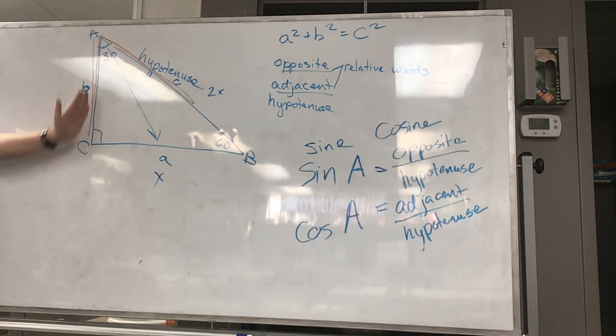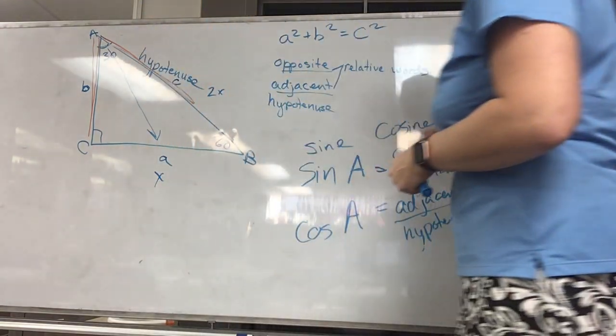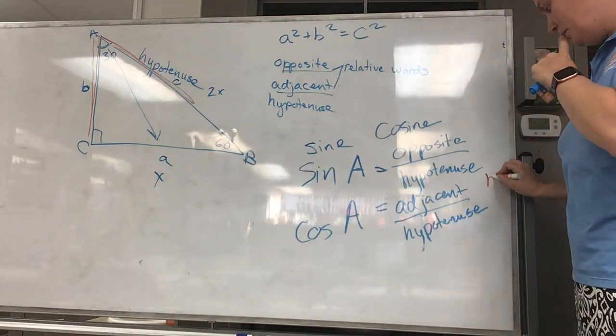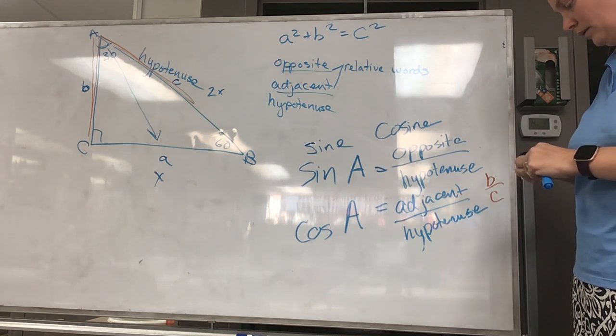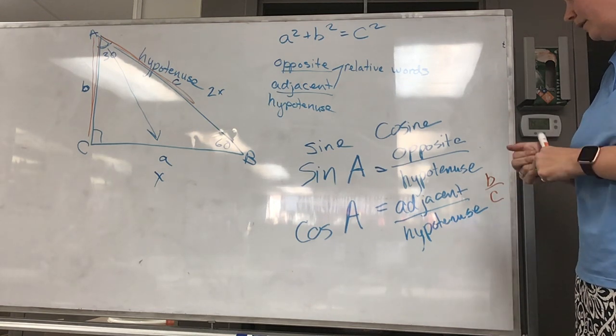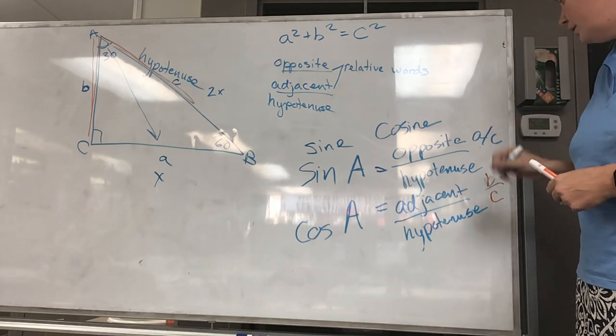It's the one that helps make the angle side. The adjacent for us is going to be B over C. Whereas up here, it was A over C.